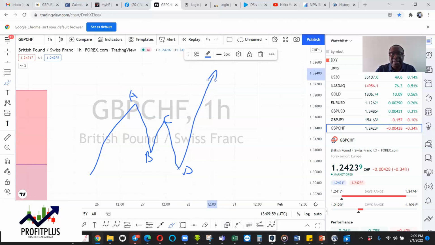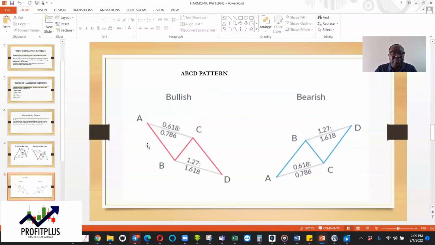Now let's go back to the slide to check the retracement levels. From A to B must be the same as from C to D. And the retracement, look at this, price moves to B and pushes up, between 61.8% and 78.6% for it to be an ABCD pattern.